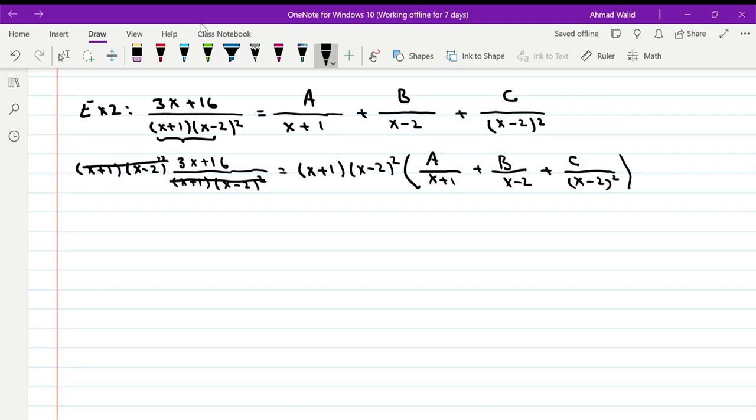Here, the denominator cancels out with this. You end up with 3x plus 16 equals, the denominator of A cancels out x plus 1 with x plus 1. What is left? A times x minus 2 squared. Plus, in the second one, x minus 2 cancels out with one of the x minus 2's. What is left? B times x plus 1 times x minus 2.